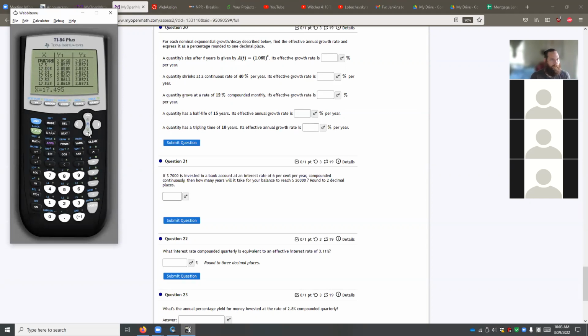If we're rounding that to the nearest one decimal place, that would be 17.5. Nearest two decimal places would be 17.49. Let's see, how far off is this? 2.8559, so that's off by eleven 10,000ths. So 17.50 would be our best two decimal answer here.